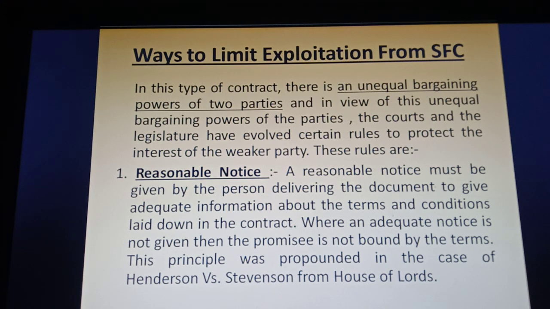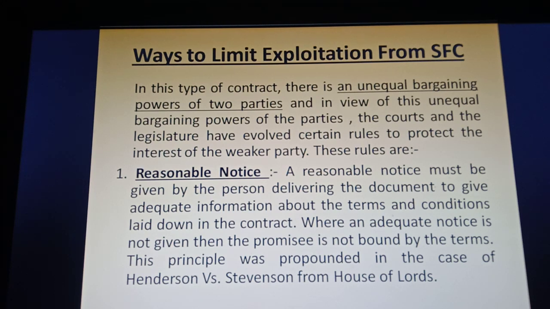The first rule is of reasonable notice. This rule lays down that in standard form of contract, reasonable notice must be given by one party to the other party about the terms and conditions of the contract. If no such reasonable notice is given, then the contract will not be enforceable in a court of law.